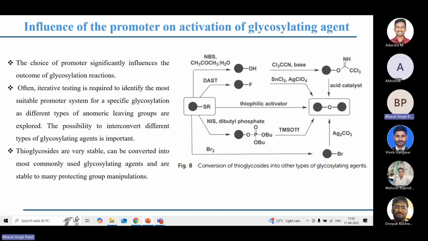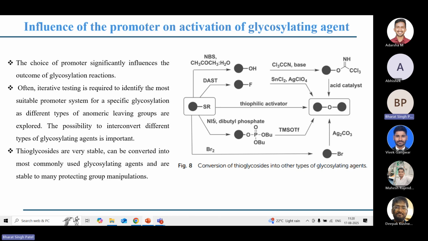The anomeric leaving group also matters a lot. For example, if you have a thioglycoside at the non-reducing sugar, at any point that thioglycoside can be converted into a number of different donors, which can be further used for glycosidation. A thioglycoside can be converted to hemiacetal using NBS, and to fluoride using DAST, and that itself can be activated using any thiophilic activator.